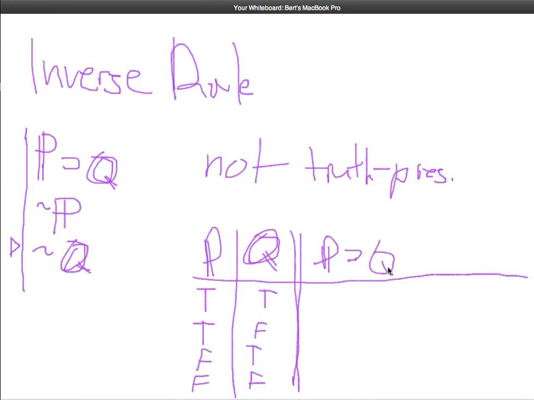We have the conditional if P then Q. It's a terrible looking Q, but you get the idea. Then as a second sentence, not P, and our conclusion is going to be Q. Some of you used another kind of check for validity, which is perfectly fine.